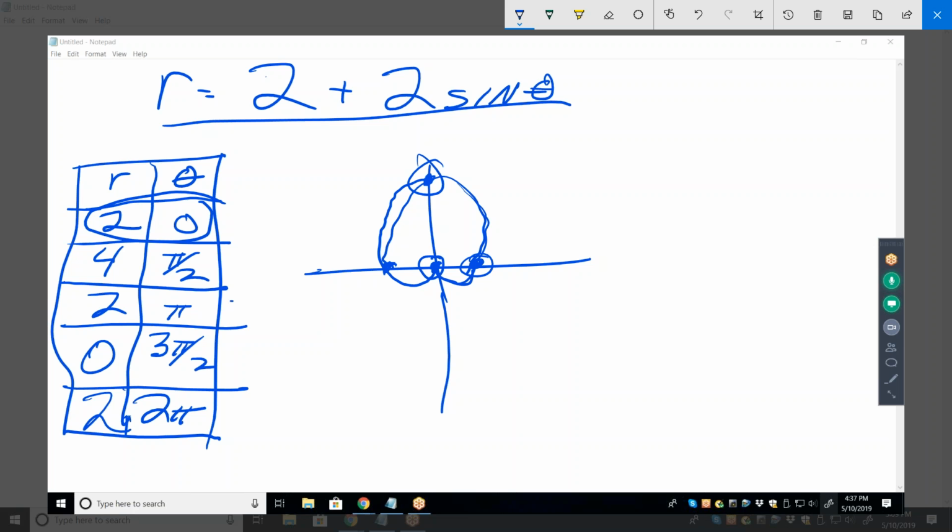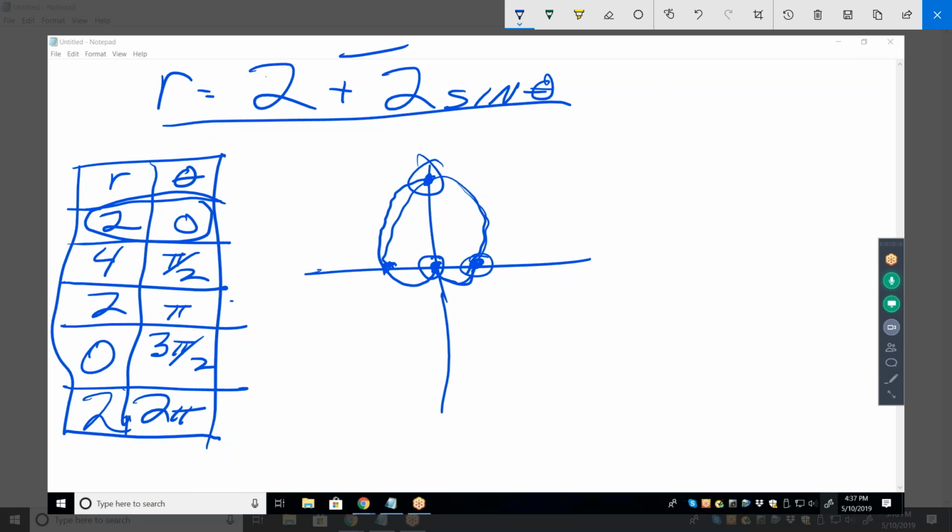As long as you recognize that that's a cardioid, in other words, there's 4 types of cardioids. If I rotated this 90 degrees to the right, that would be a cardioid, but a different formula. If I rotated it 90 degrees to the left, cardioid, different formula. And if I flip it over the x-axis, it's a cardioid, different formula.